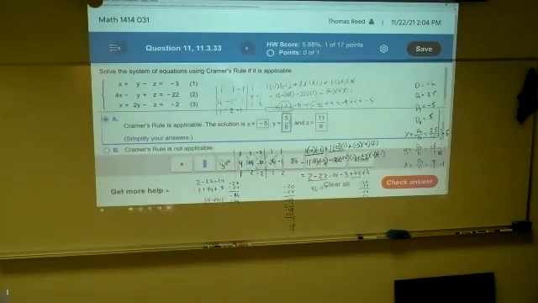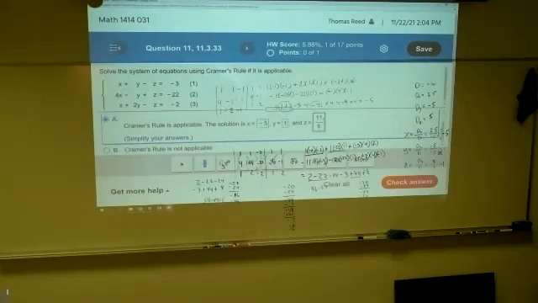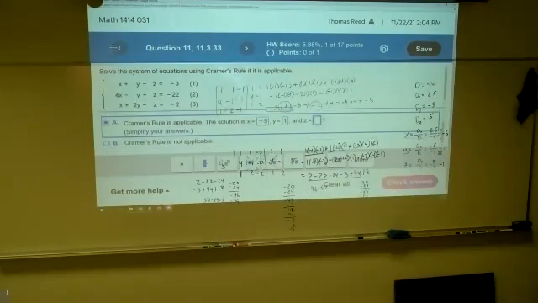My first clue should have been that I got a fraction for X. This is a negative.